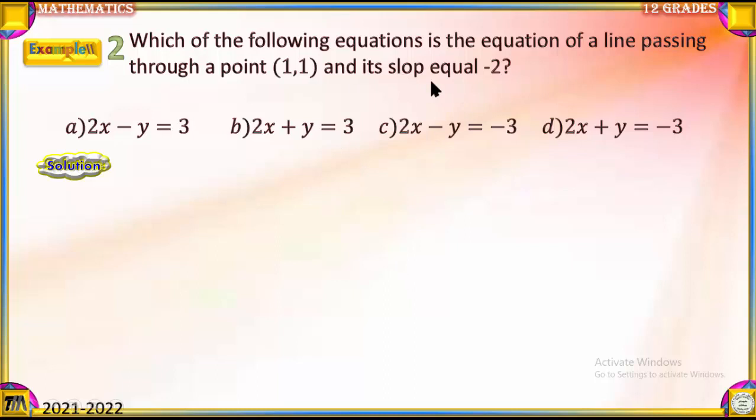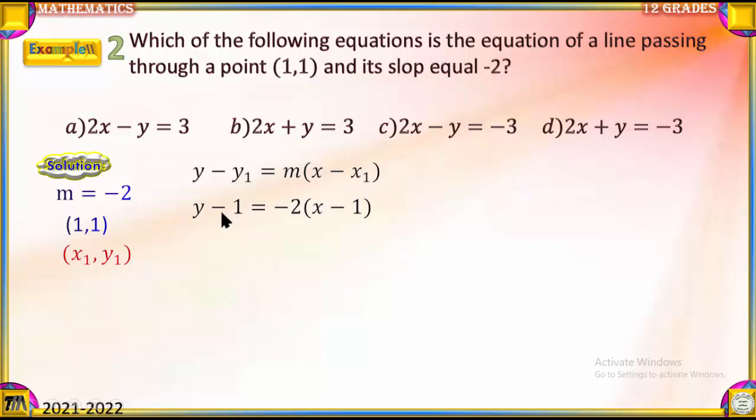Because we have a slope and a point, we will use the point slope form, which is y minus y1 equals m times (x minus x1), where m is minus 2, x1 is 1 and y1 is 1. Then y minus 1 equals minus 2 times (x minus 1).